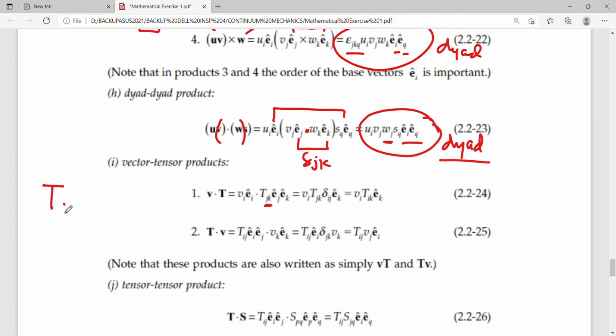Let's say t_rs, but you have to automatically place the directional vectors in juxtaposition like this, so e_r and e_s. This is also the form t_jk e_j e_k. And then there's a dot there, so the nearest directional vectors are e_i and e_j, in between or connected by the dot product there.